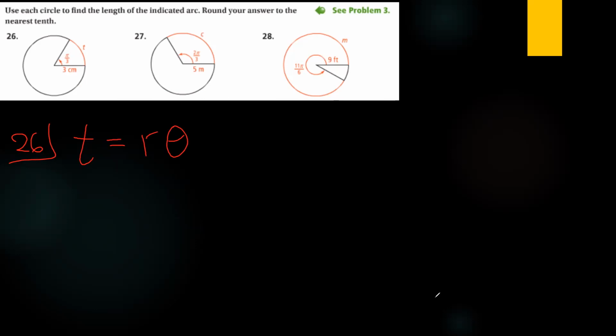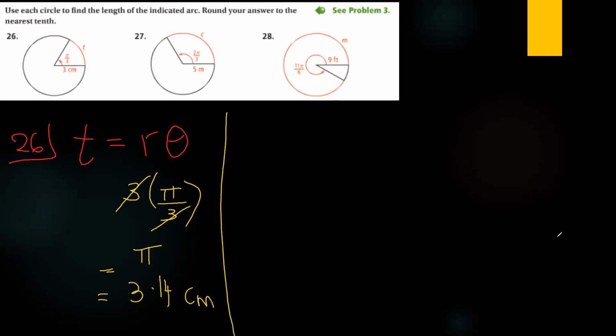Where is R here? 3. And the angle theta? Pi over 3. So 3 cancels 3, and we have pi, which is 3.14 centimeters. Exactly.